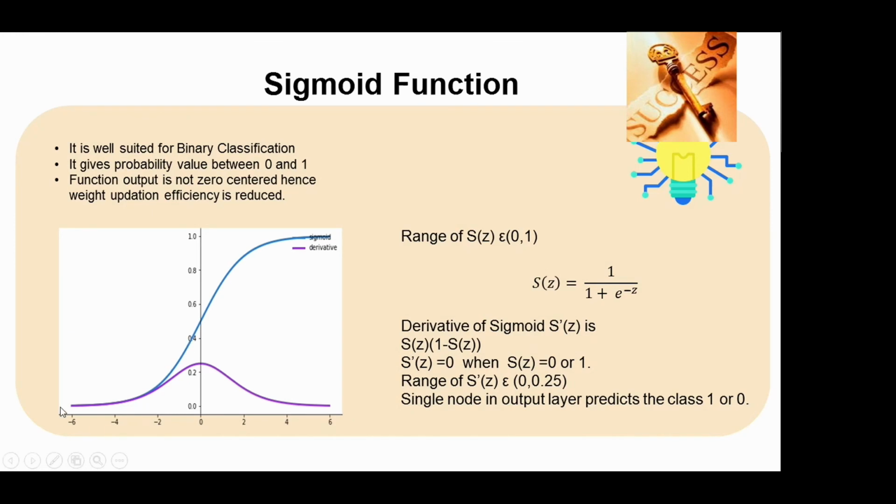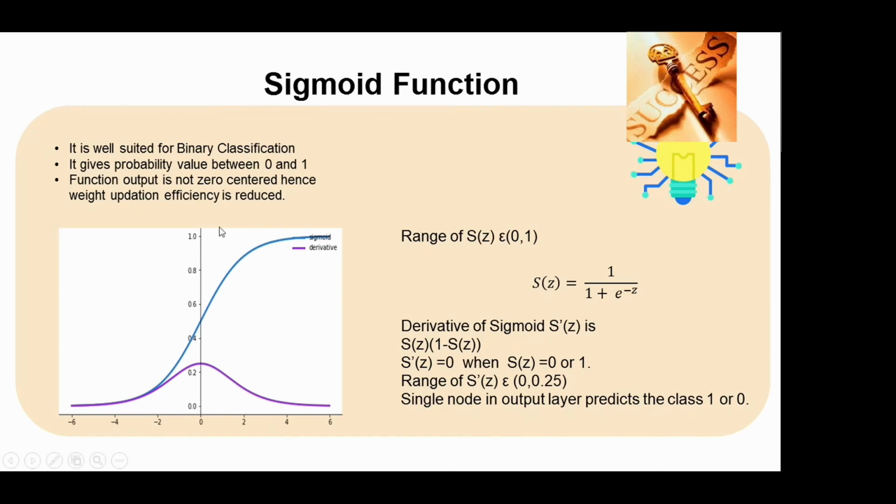And the sigmoid function, this blue S-shaped curve, has an input range from minus infinity to infinity. The output is up to 1, and this violet bell-curve shape is the derivative of the sigmoid activation function. Sigmoid is for binary classification problems. The output value is 0 to 1, but the derivative of sigmoid gives you a maximum value of 0.25.